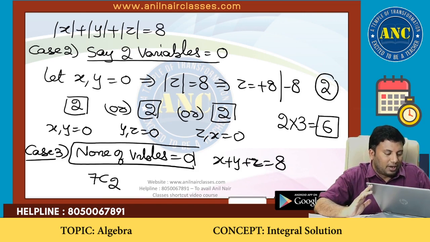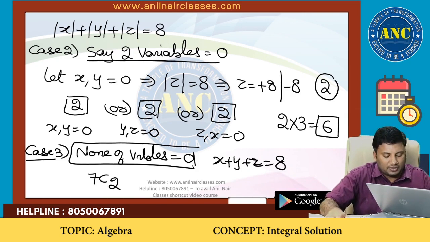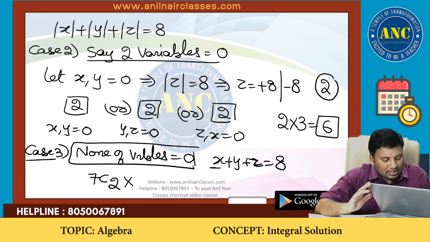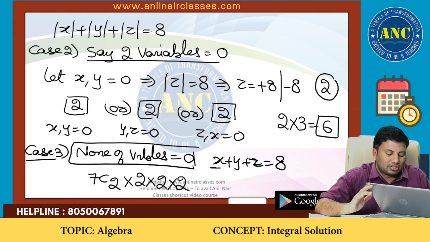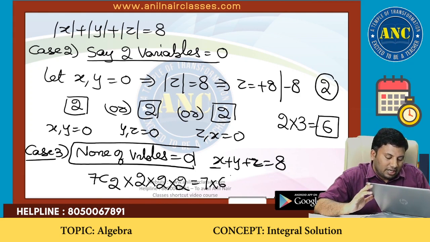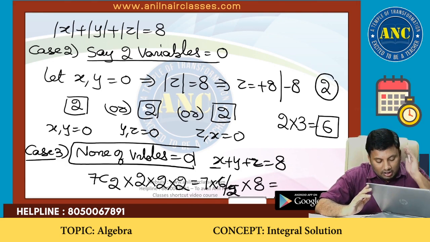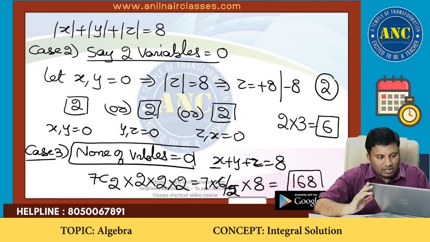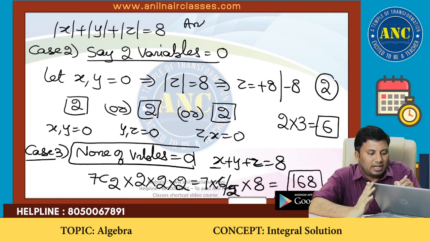If 8 balls are there, there are 7 gaps, 7C2, into plus or minus, plus or minus, plus or minus. 7C2 is n into n minus 1 by 2, which is 21, and 2 into 2 into 2 is 8. 21 into 8 is 168.